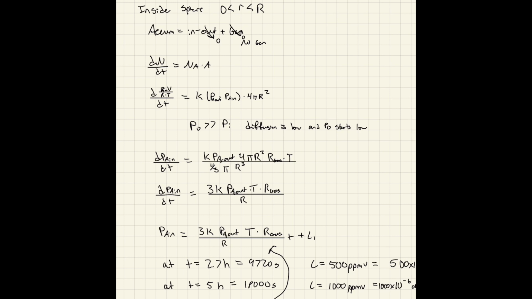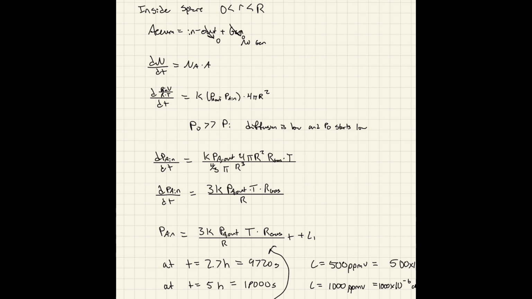Inside the sphere, which is from 0 less than r less than our internal radius, we're going to set up the general mass balance, where accumulation is equal to in minus out plus generation. However, we know that there's only oxygen coming in, there's no going out, so the out term drops out, and there's also no reaction, so there's no generation.